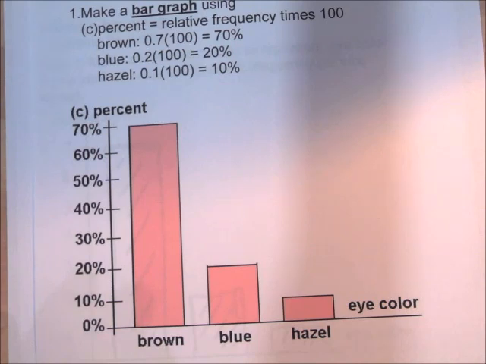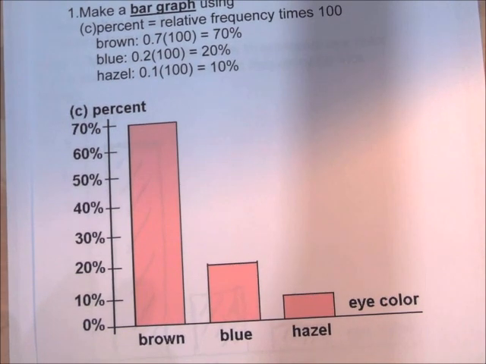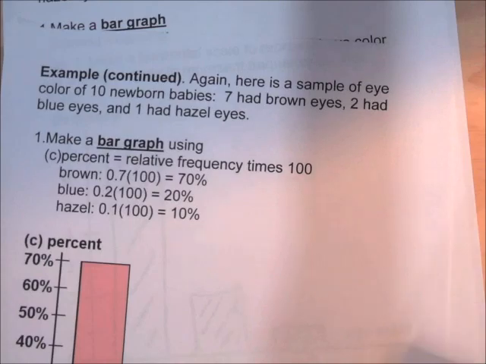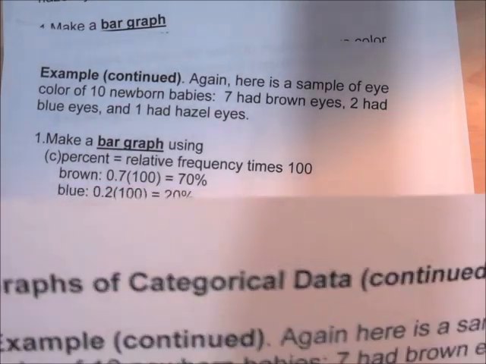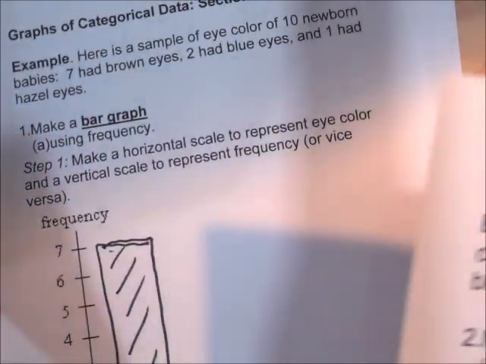You could also do a pie chart. Pie charts take up a lot of space for the amount of information conveyed, so they're not usually used in professional publications, but they might be used in a newspaper article or a magazine article.